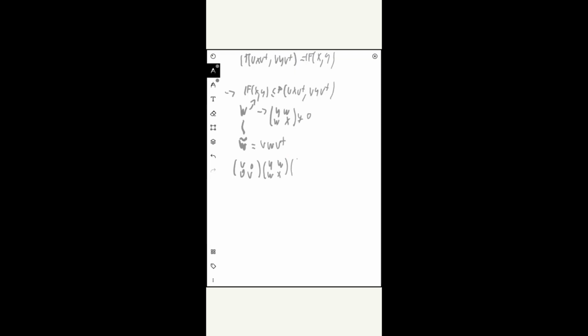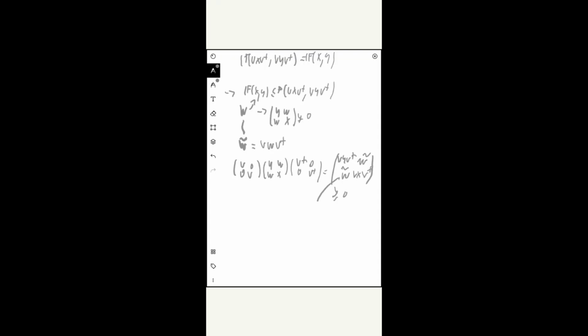We just get that this is equal to VYV†, W this, and VXV†. Because symmetry is preserved under unitary transformation, it means this new matrix is semi-positive definite.